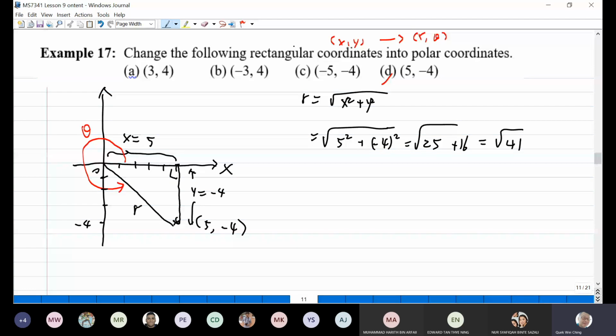Okay, how to find theta now? Tangent theta is always y over x here. Your y is equal to minus 4, the x is 5. So theta equal to tangent inverse of minus 4 over 5.